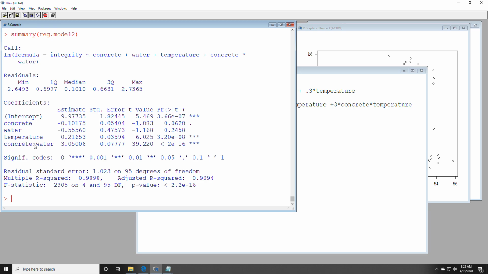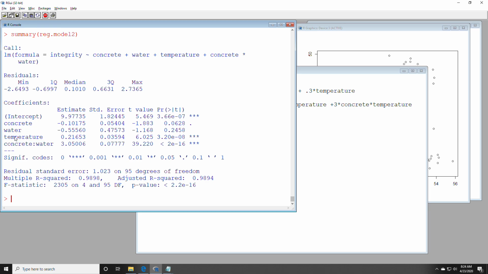Likewise, if we had something like concrete squared here and it was significant, you would still keep the basic concrete term, the linear concrete, in the model, even if it didn't appear significant. So if a higher order term like a squared, cubic, or interaction is necessary, you keep all lower order terms in the model regardless of whether they are necessary or not.